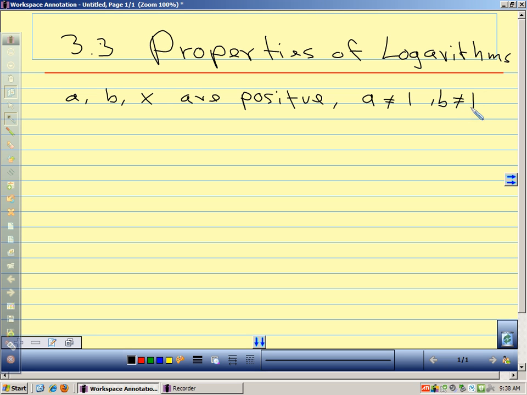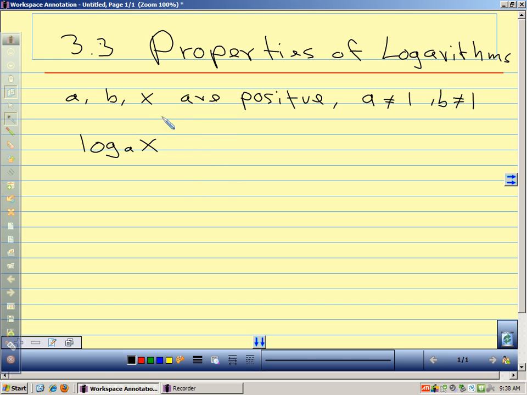So we don't want our logarithmic function, our exponential function, to be base 1. We want some other base. So if we have log to the base A of x, and we want to switch that to some other base. This is some base that our calculator won't calculate. To switch to any other base, we can use the change of base formula.